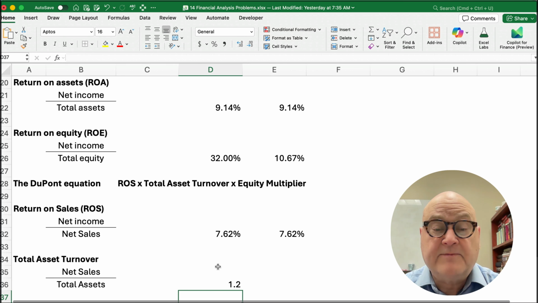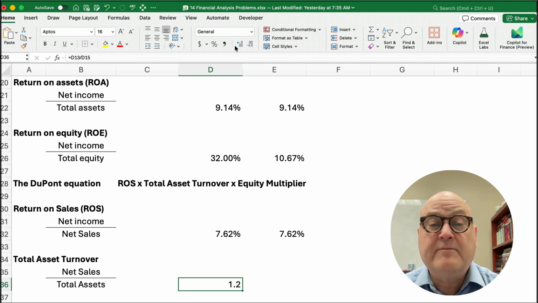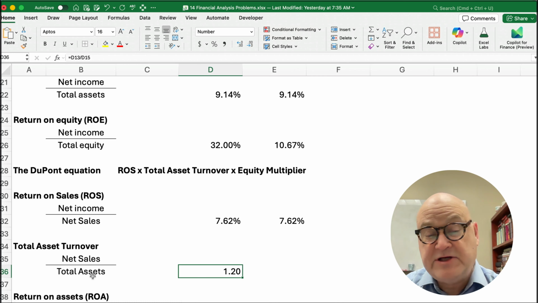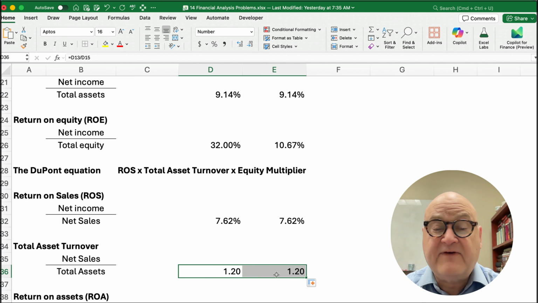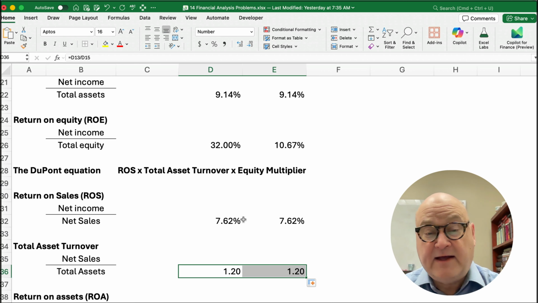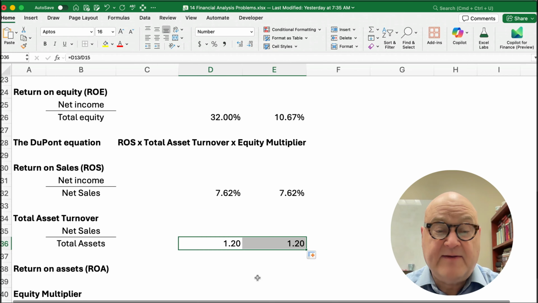We're going to make it 1.20. It says for every dollar in assets, we're generating $1.20 of net sales. So this is how effectively we're generating our net sales. Now, you see, so far things have been the same.